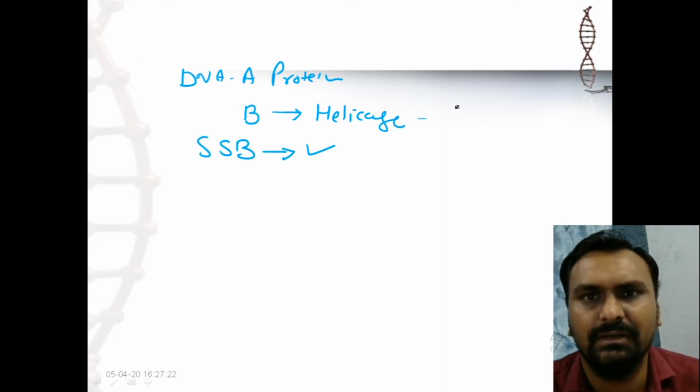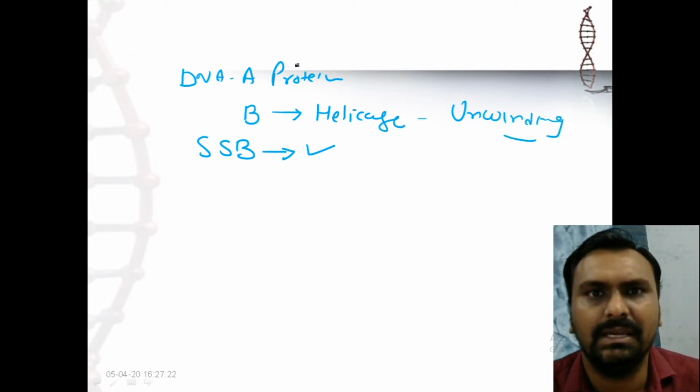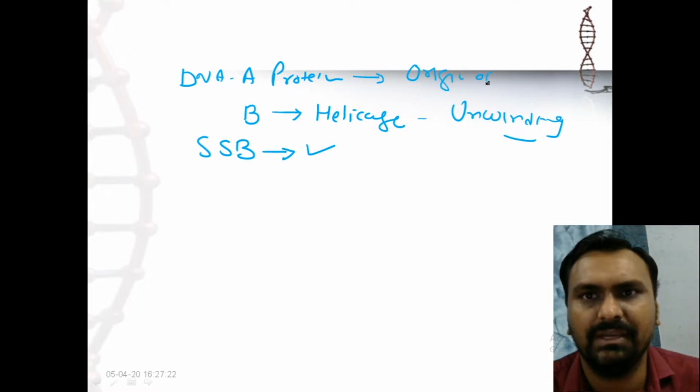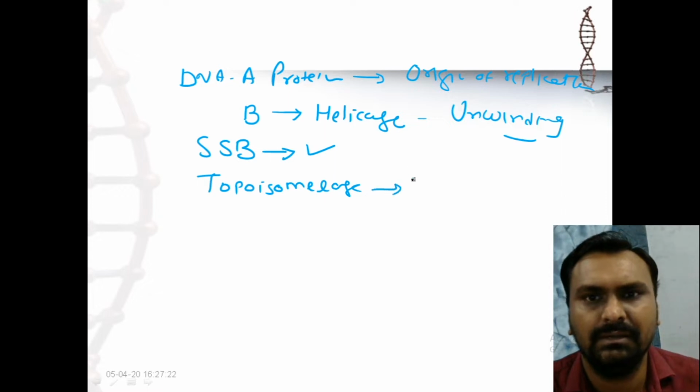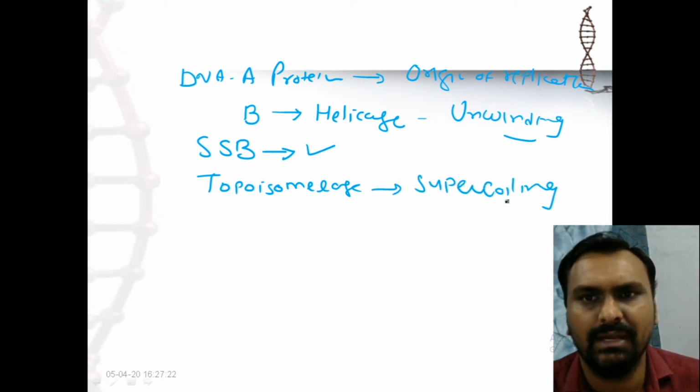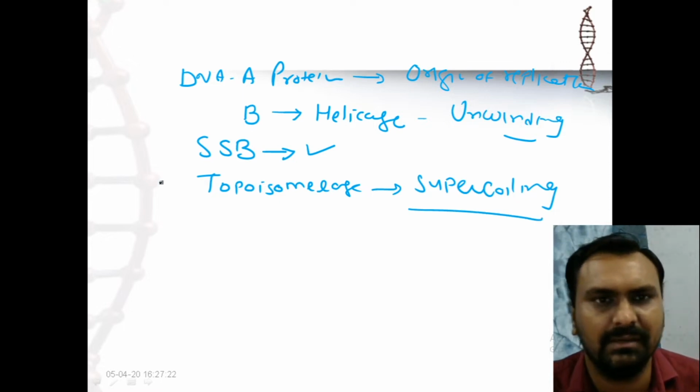Helicase will cause the unwinding of the DNA. DnaA protein will identify the origin of replication. Okay. Then topoisomerase, it will prevent supercoiling. Positive and negative supercoiling is prevented. We will see about it.